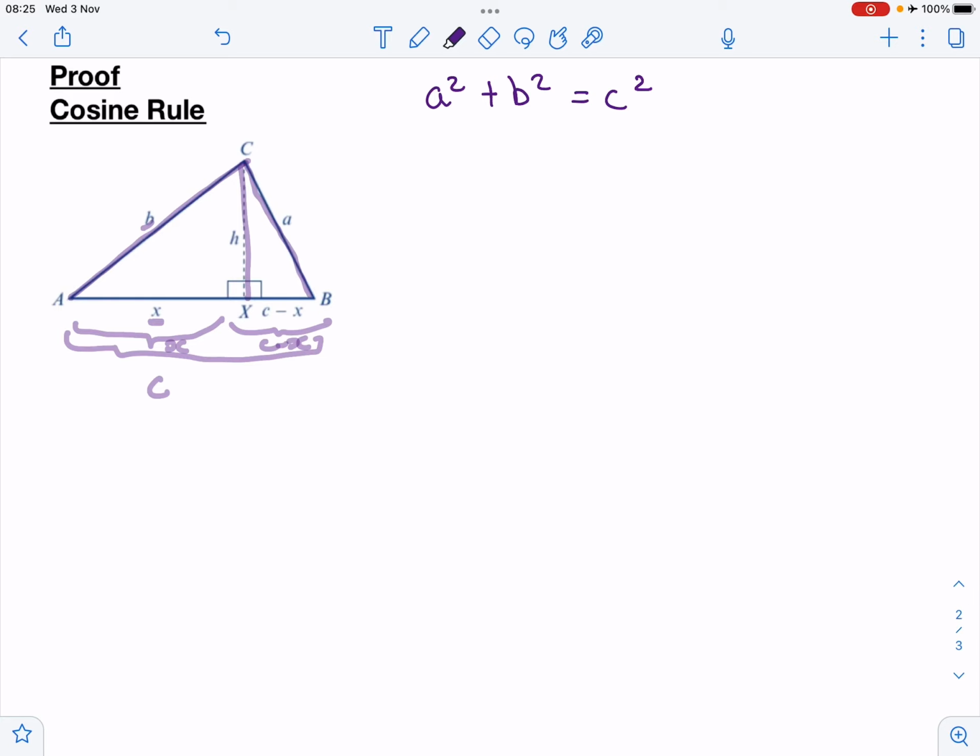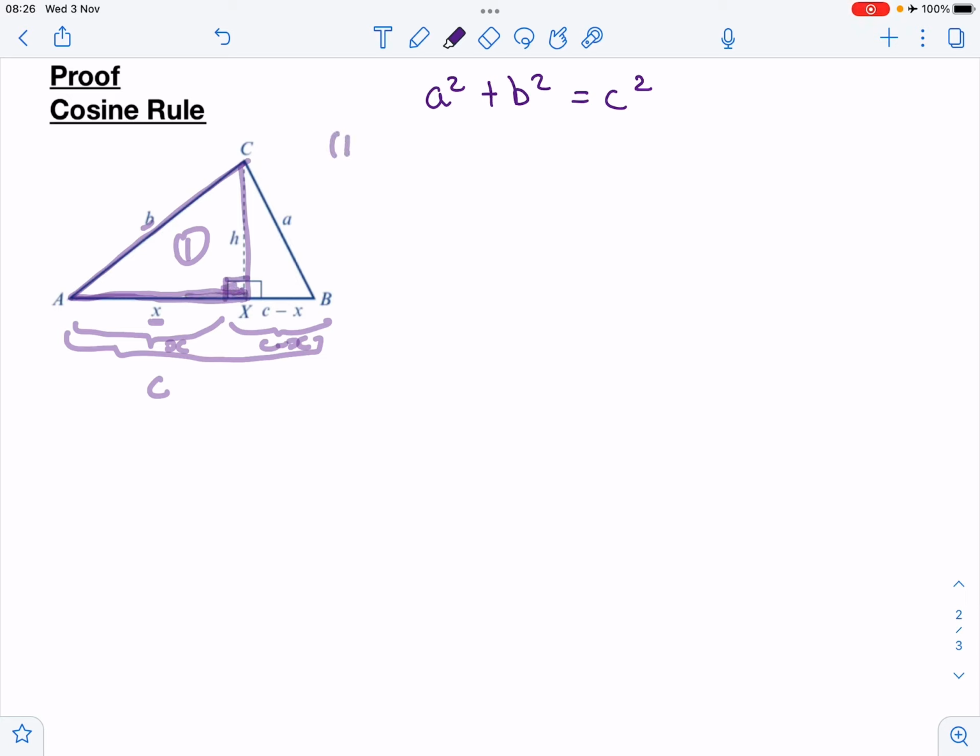So let's look at triangle 1. I have the first right angle triangle, and I'm going to write it in purple. So this is my triangle 1, and it's a right angled triangle. Let's label our sides.